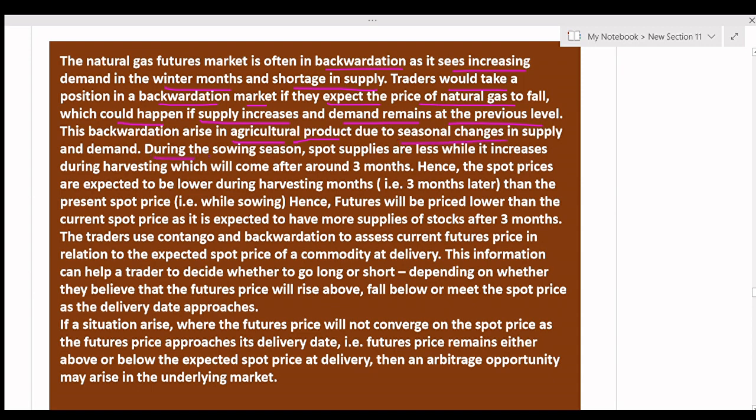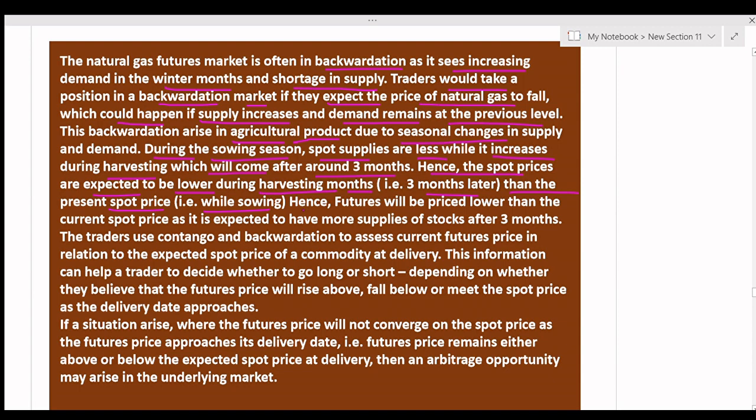During the sowing season, spot supplies are less while it increases during harvesting, which will come after around 3 months. Hence, the spot prices are expected to be lower during harvesting months, that is 3 months later, than the present spot price, that is while sowing.